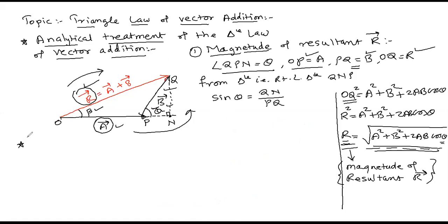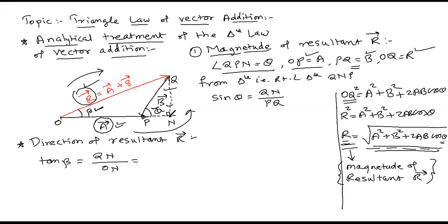Next point is here, direction of resultant vector R. So the resultant vector makes an angle beta with the direction of vector A. Then from this triangle ONQ, I'll get tan beta is equal to QN divided by ON.